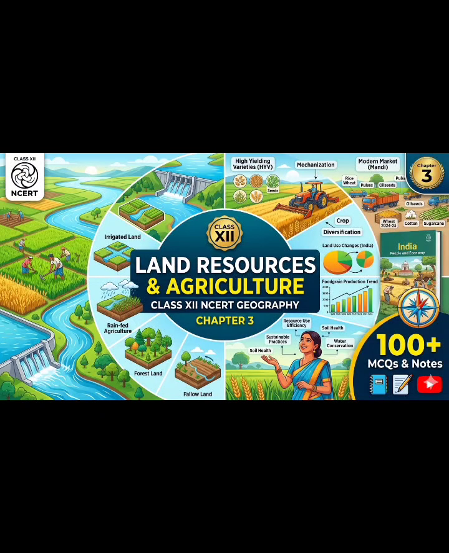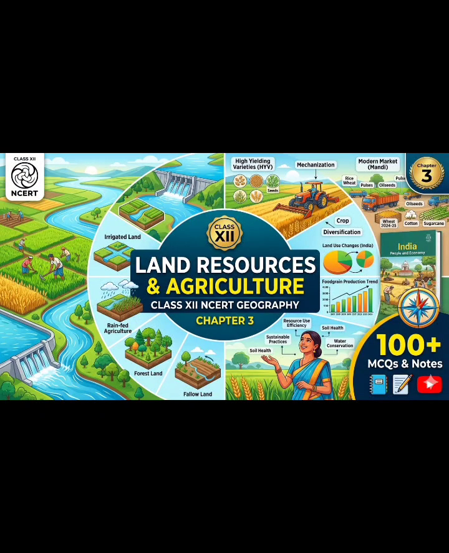There are some states where consolidation of holdings has not been carried out even once. Even the states where it has been carried out once, second consolidation is required as land holdings have fragmented again in the process of division of land among the owners of next generations. The small size fragmented land holdings are uneconomic.